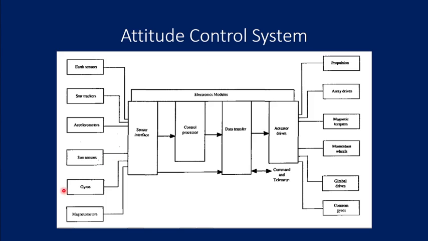So if at all we are placing a spacecraft in one particular orientation, and if there is no rotation, then the gyros should give us a stable output. But if in any one of the outputs of the gyro there is movement, it means that the spacecraft is rotating in that particular axis, and we have to recorrect the rotation.